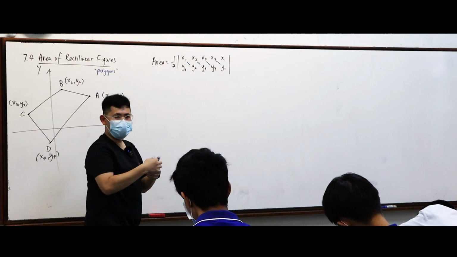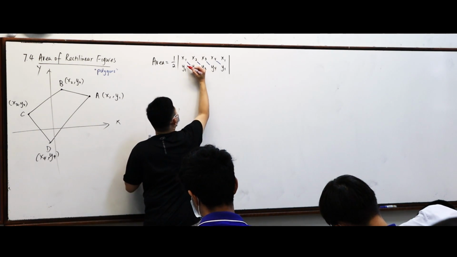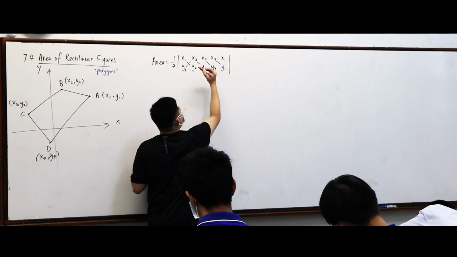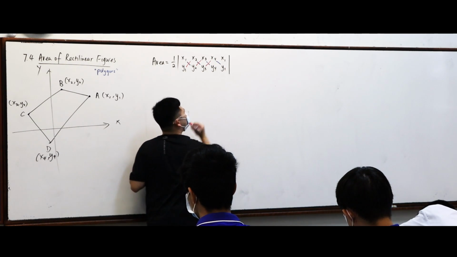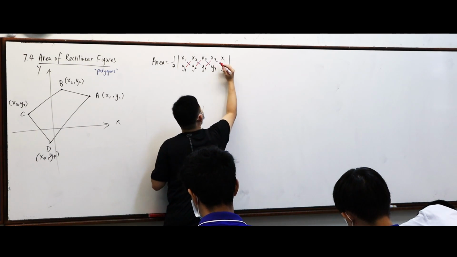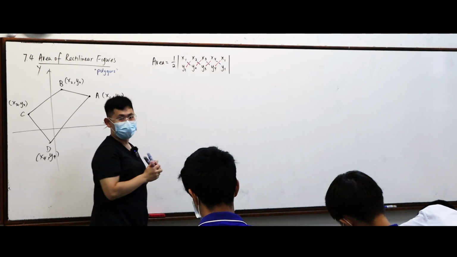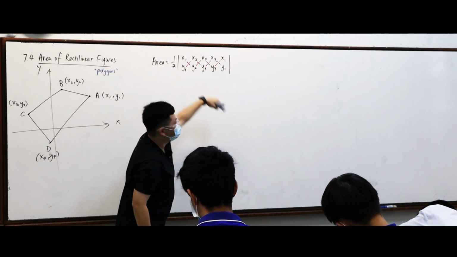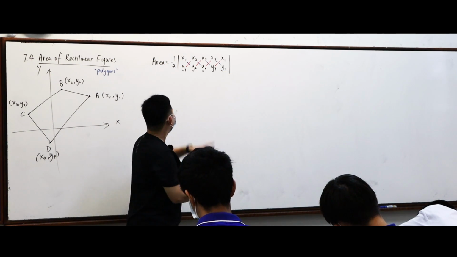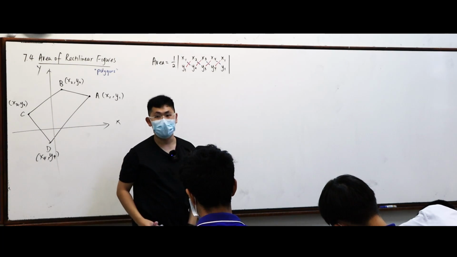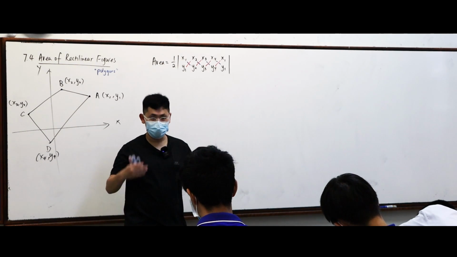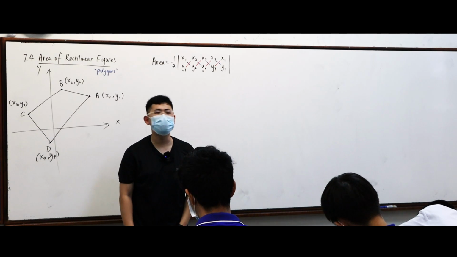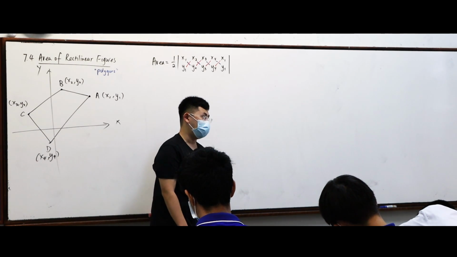And we need to minus this thing, we need to minus this one, we also need to minus this one, and we also need to minus the last one. So the blue color ones from top down, we add. The red color ones, we minus the products. This thing looks like a shoelace, so we call this the shoelace method of finding an area.